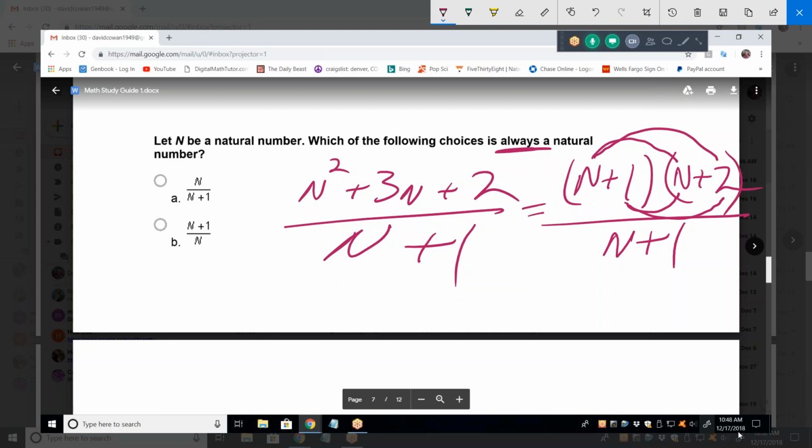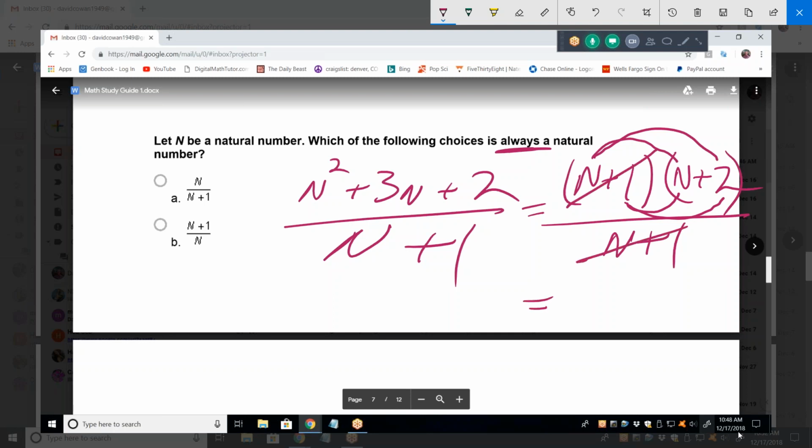And factoring is pretty much the opposite of that. So you can imagine that it's not an easy thing to learn, factoring. Because you basically have to unmultiply it. And there's a system that you can use to do that, and I'll go through that with you if we have to. But once I've factored it, now I can see that that n plus 1 cancels with that n plus 1.